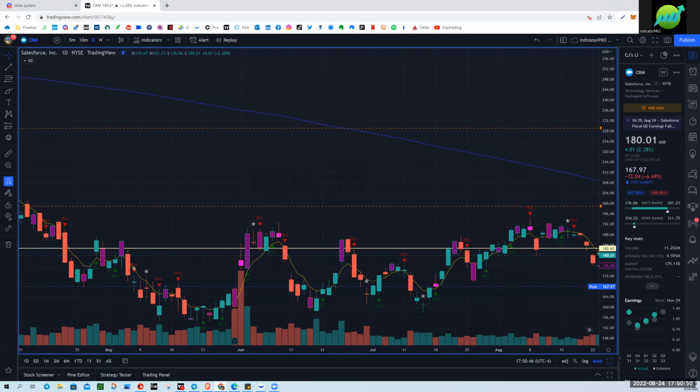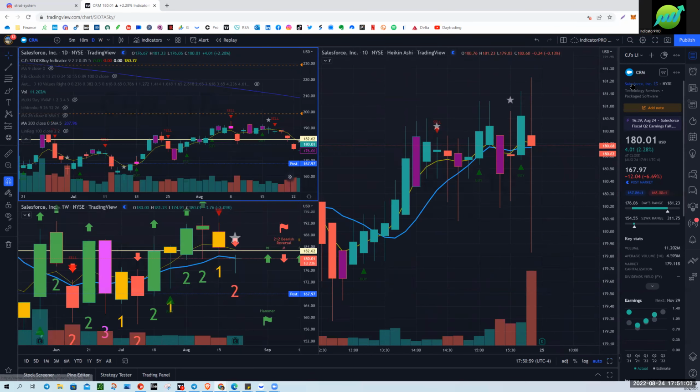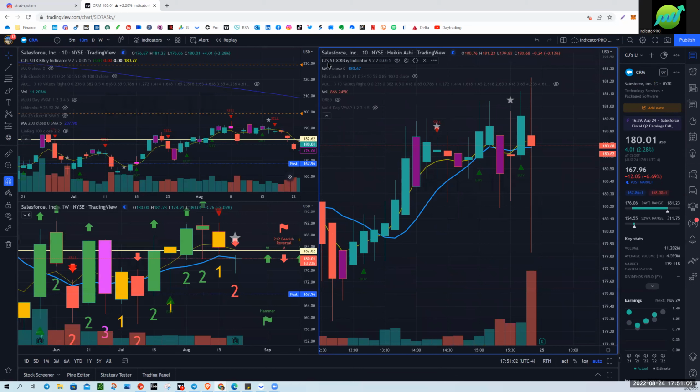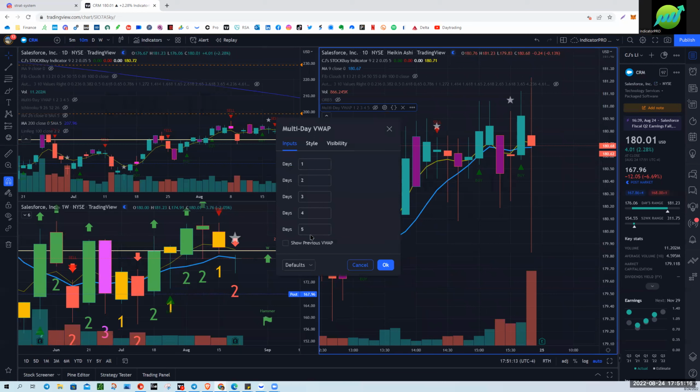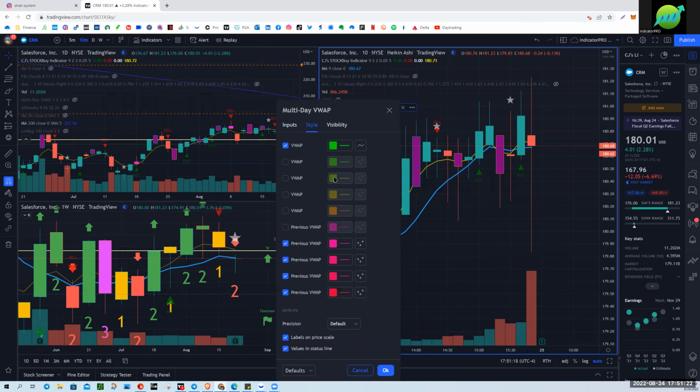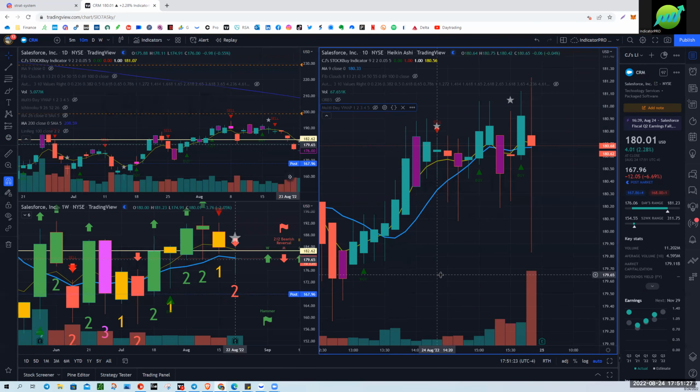And the VWAP that I'm using on a daily, it's just VWAP. Here you go. If I'm looking at VWAP, there is a multi-day VWAP where it represents 5 days. Okay, you can use all 5 if you wanted to. Okay, and kind of turn all of these on.